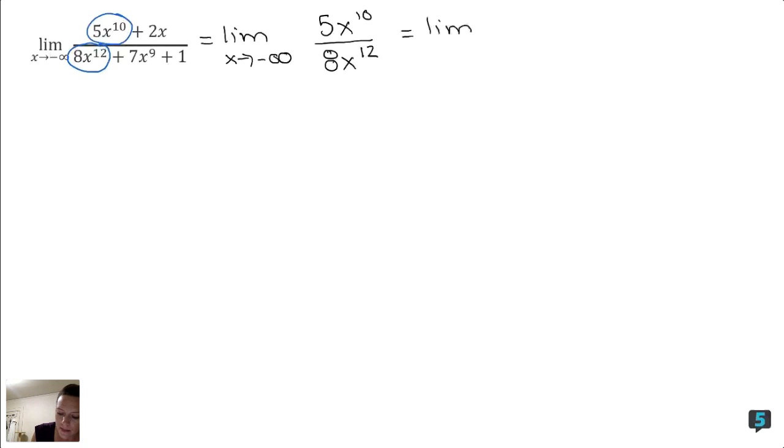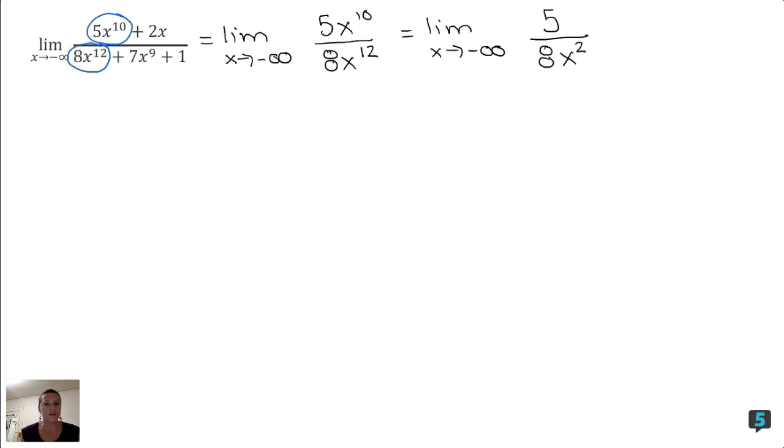Keep in mind, notation here is super important. You've got to make sure that you're rewriting that limit notation because that's what keeps it equivalent. So now we've got the limit as x approaches negative infinity of 5 over 8x squared.